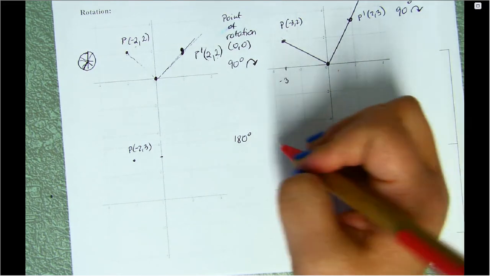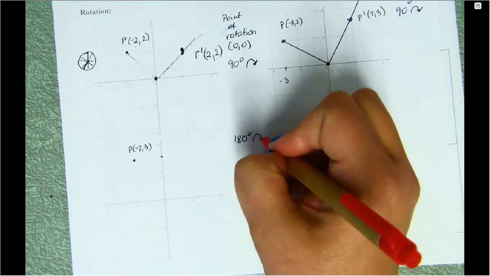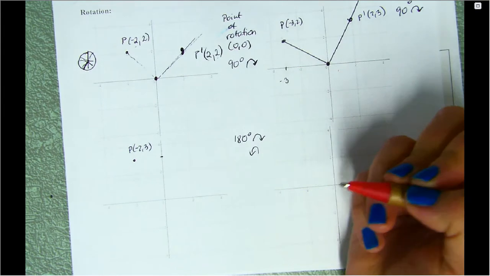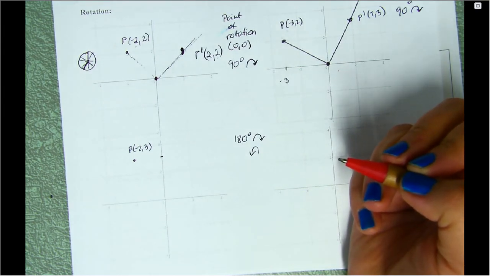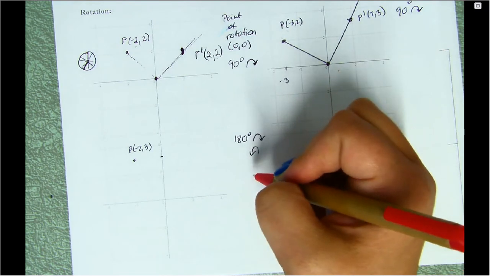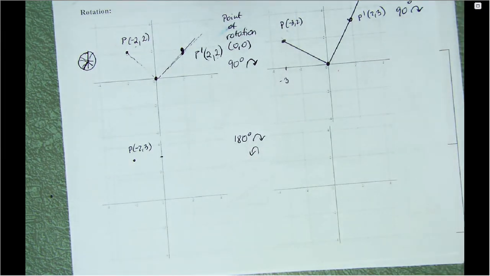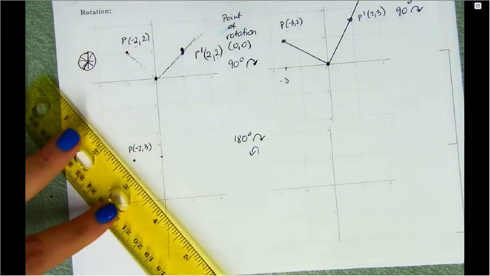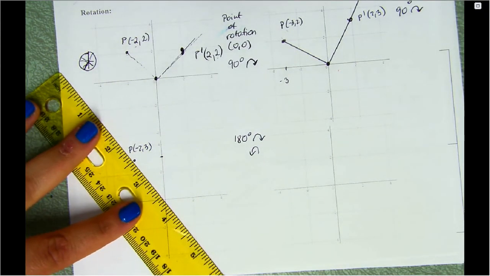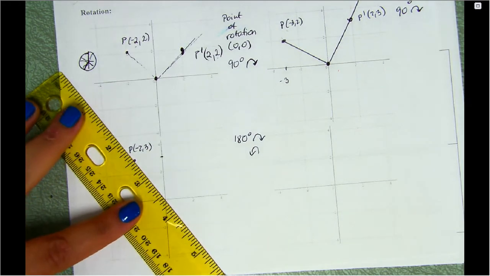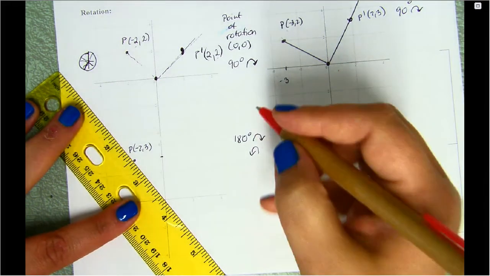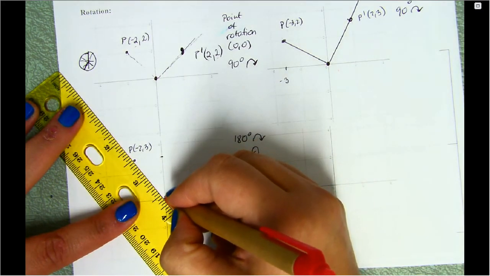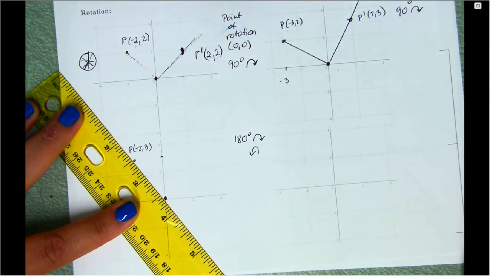With 180 degrees, it doesn't matter if it goes clockwise or counterclockwise, because it's going to end up in the same place no matter which way you go. I can take either a piece of paper or the ruler, and 180 degrees should end up exactly on the opposite side of my point of rotation, which is also the origin, 0, 0. We're always going to use the origin.